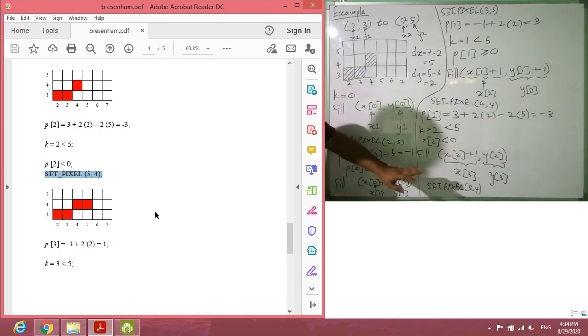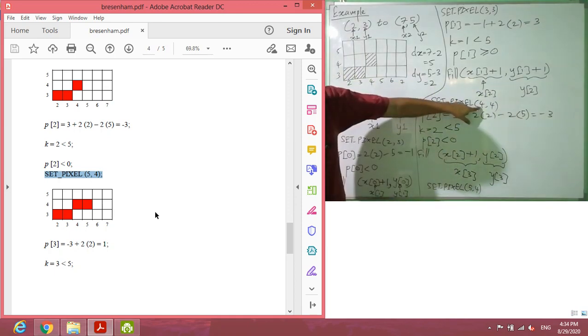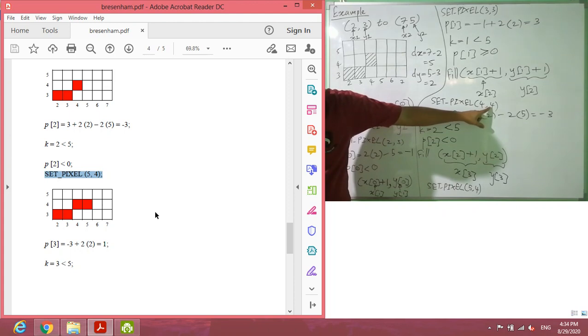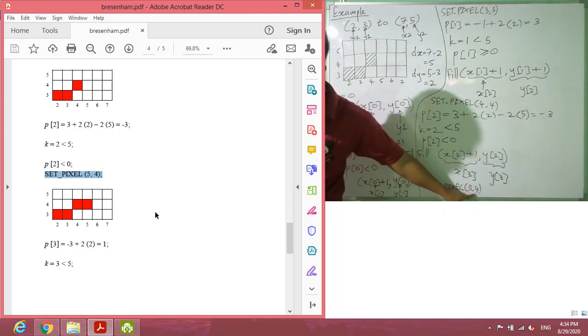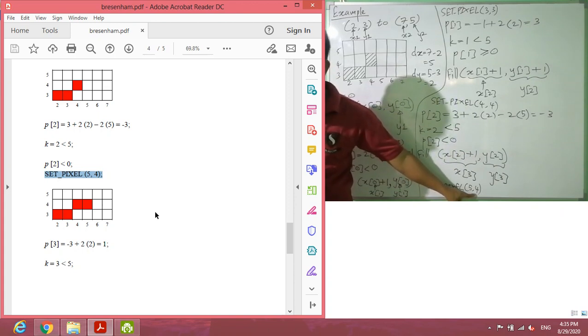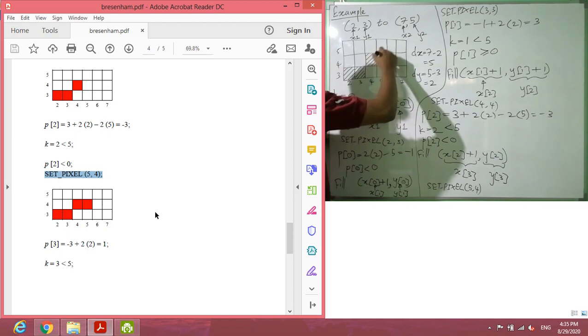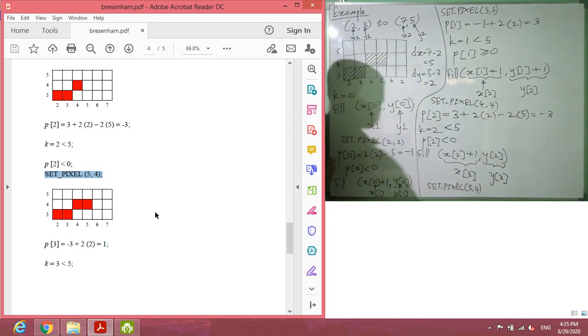That means earlier this is our x2 value. We add 1, it will become 5. This is our y2 value. We keep it as it is. It is 4. Therefore, 5 comma 4 we fill this pixel.